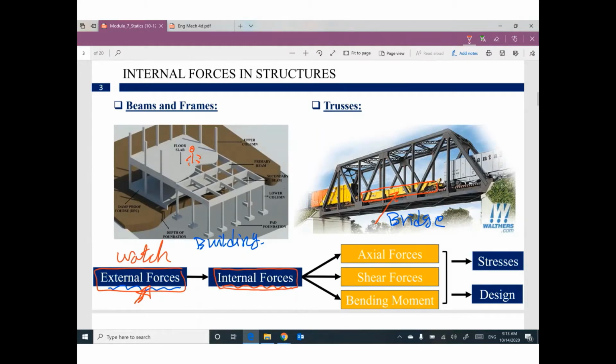Inside each part of the building, we have internal forces coming from the effect of external forces. But I cannot watch them. I can feel them. These internal forces look like axial force, shear force, bending moment.